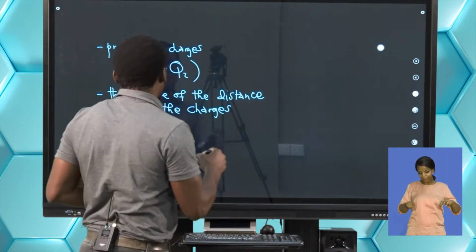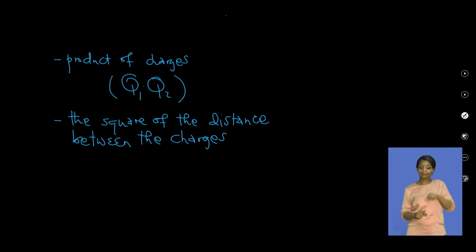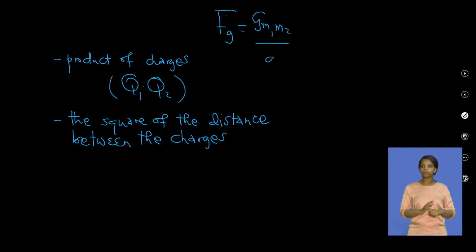If for argument's sake we talk of universal gravitation, it is the force of gravity, which is always attraction, which is G m1 m2 over d squared. So here it's about the masses, the product of the masses.